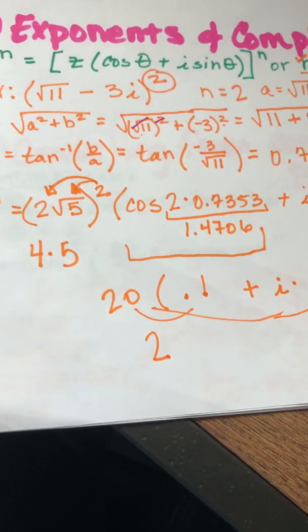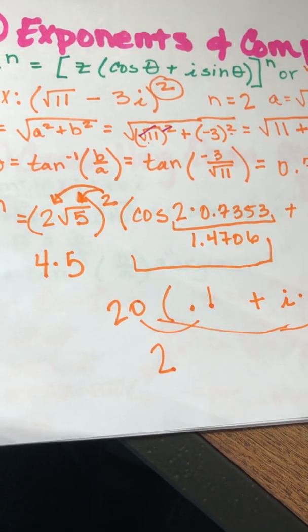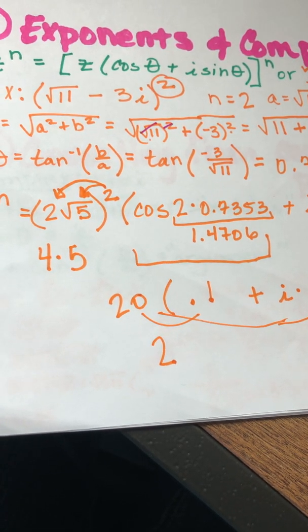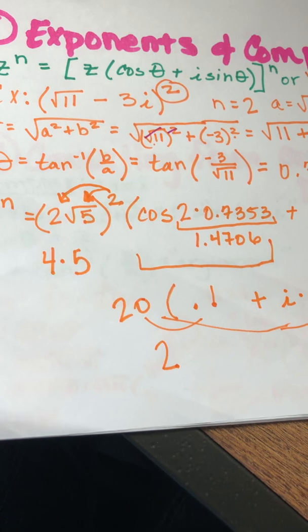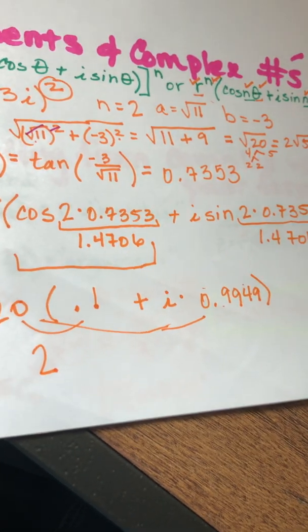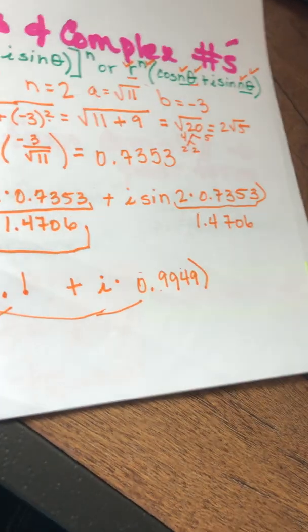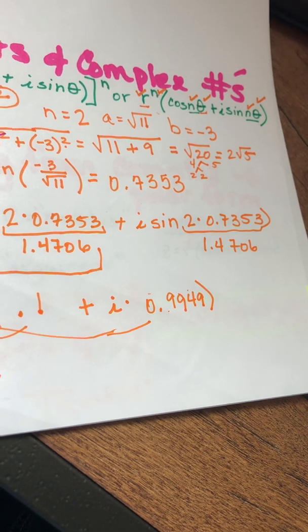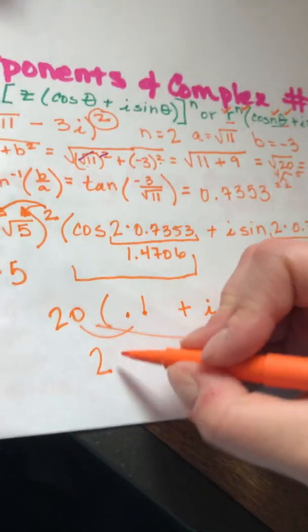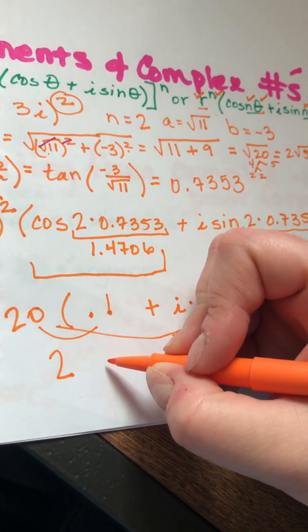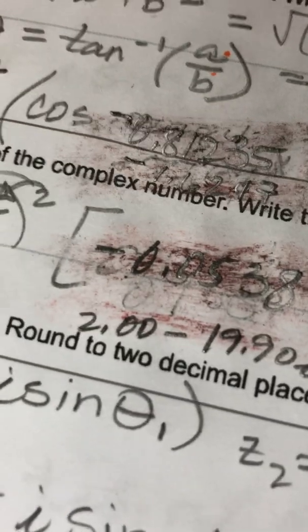And then 20 times 0.9949, let's see, 20 times 0.9949 is 19.898, and this said we're supposed to round to 2 decimal places.